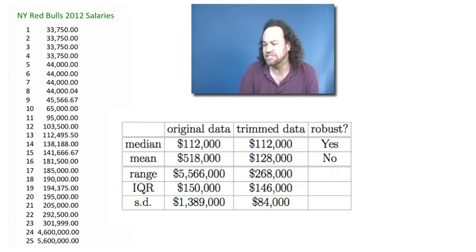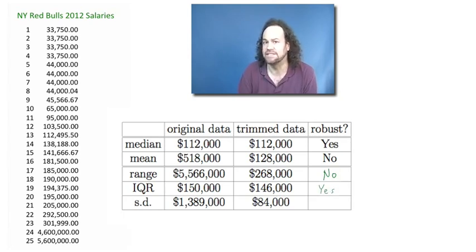Certainly the answer is no, because the range changes tremendously if we remove a few outlier values. The interquartile range, on the other hand, is rather different. It's $150,000 for the full data and $146,000 for the trim data, almost the same. So we can say it is resistant to outliers.